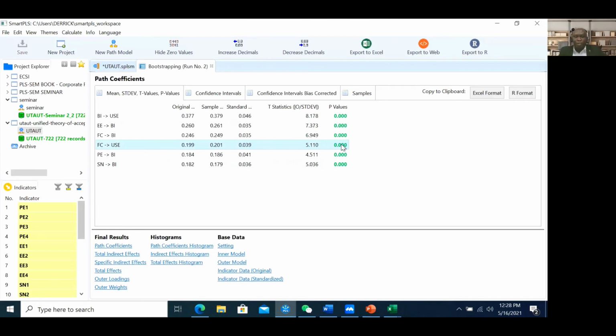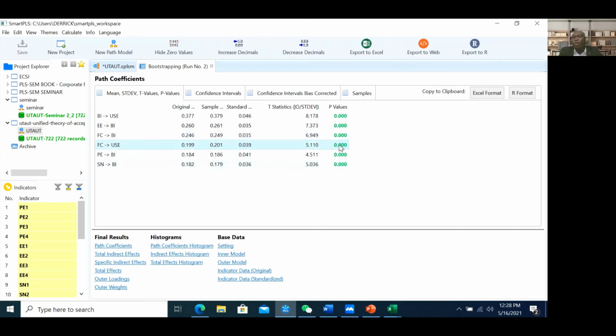Bootstrapping, as I said earlier, is used to test for statistical significance. You see that the direct effect FC to BI is significant. FC to use is also significant.